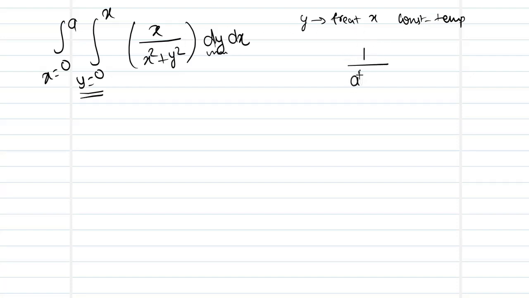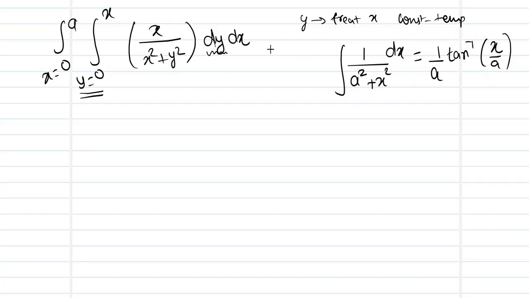Something of the format a square plus x square. So I'll have to integrate 1 divided by a square plus x square dx, and we know the formula for this is 1 by a tan inverse of x by a.